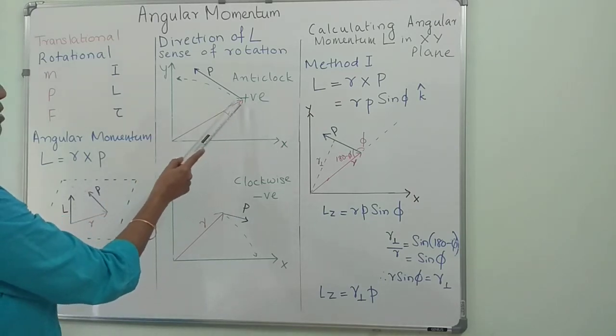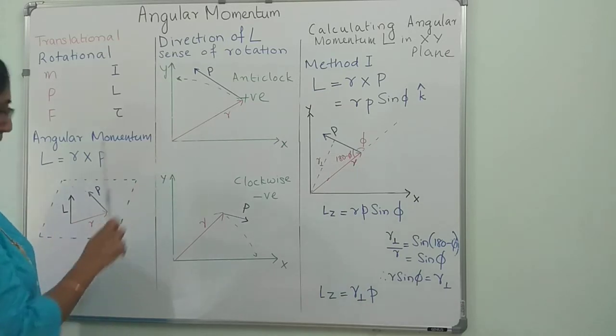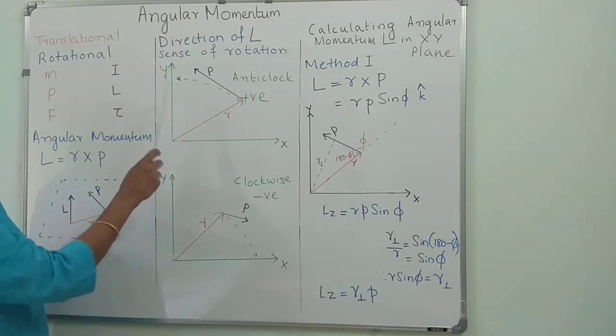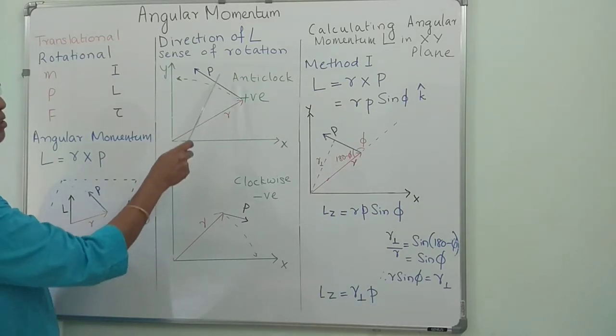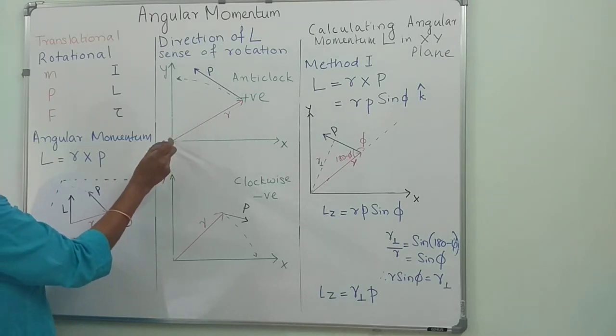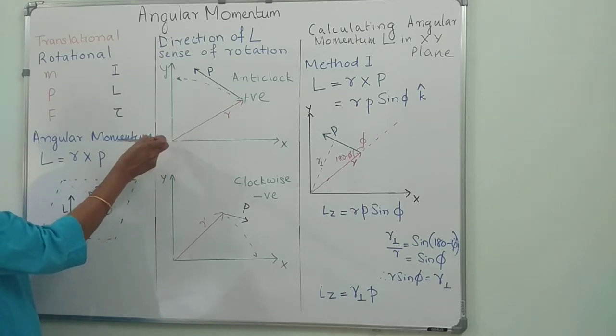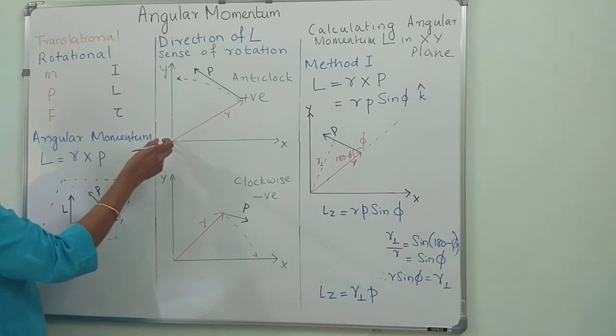Anti-clockwise direction, this is rotating. Now r cross p is L, angular momentum, which is perpendicular to both r and p. If r and p are in the xy plane, definitely angular momentum L will be in the z direction, right? Just like I have kept this scale.